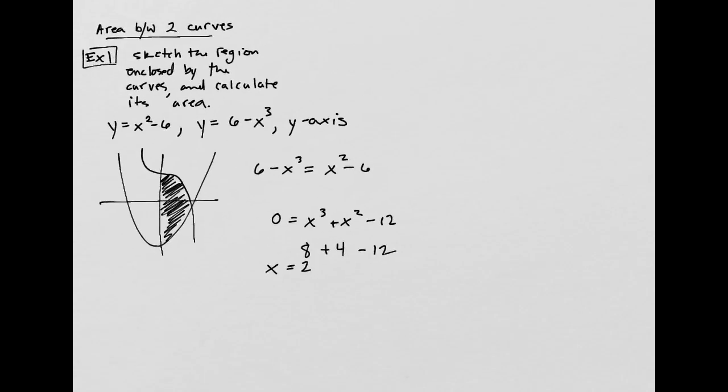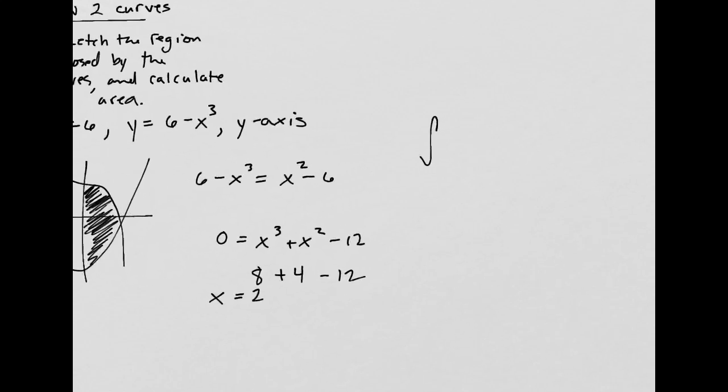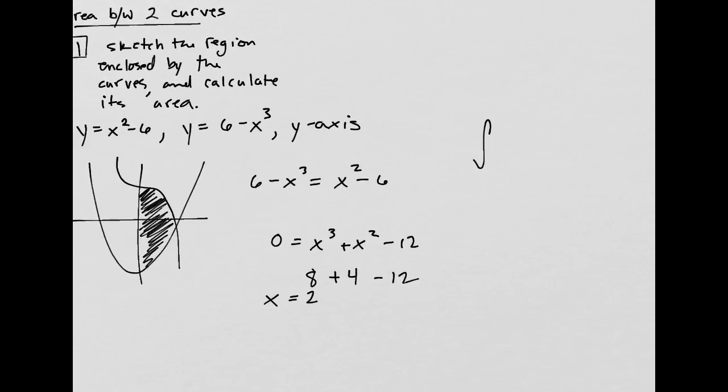So I know that I'm going to have the integral, and the idea for area between two curves is you integrate over some region, and you have the top function minus the bottom function. So in this case, the top function would be 6 minus x cubed. The bottom function would be x squared minus 6.